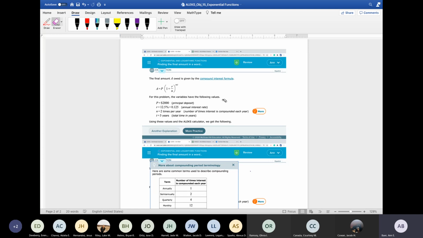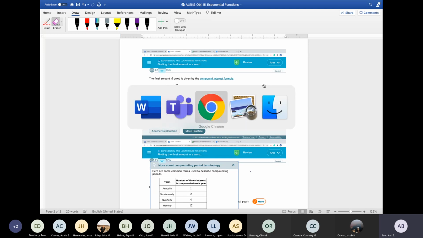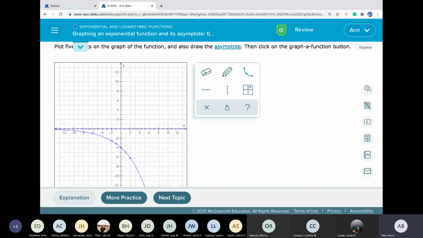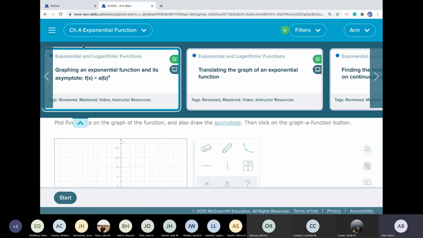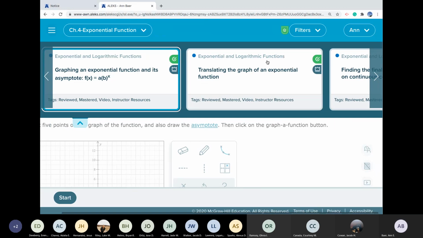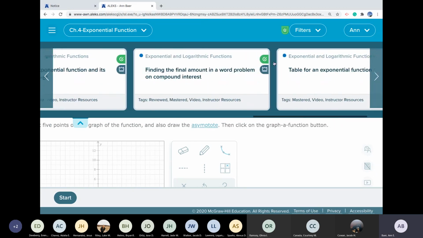So yes, I definitely want to do a problem here. Let's go and get one out of ALEKS and write it down. So let me find one.